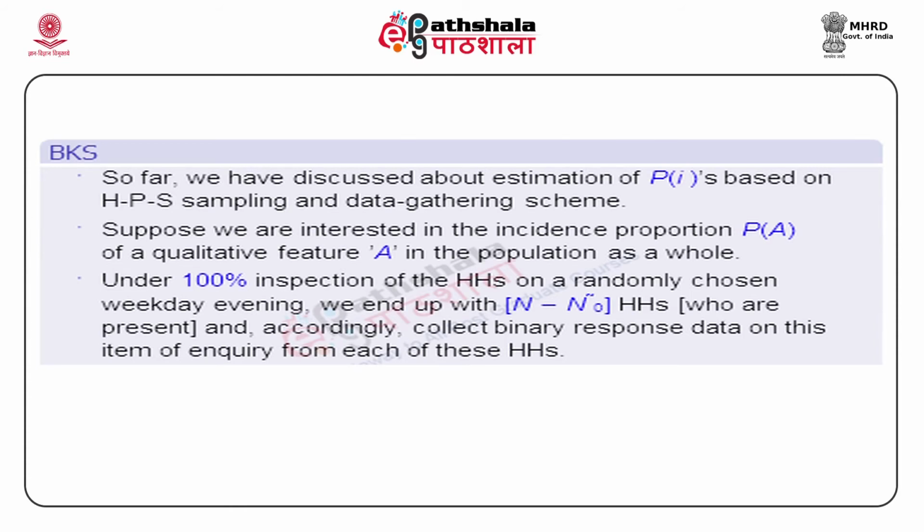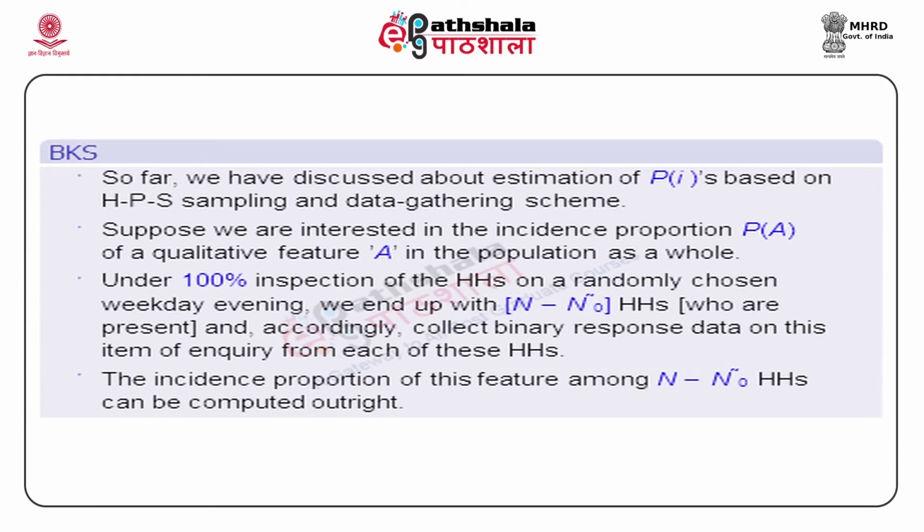But that does not in any way tell you what is happening to the N0 tilde who are not available. The incidence proportion of this feature among the n minus N0 tilde households can be computed outright. But these are the individuals who are present tonight.